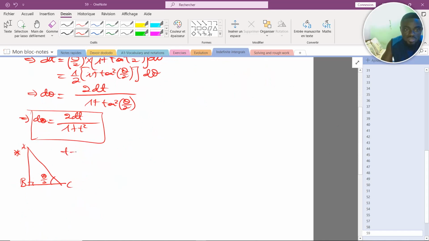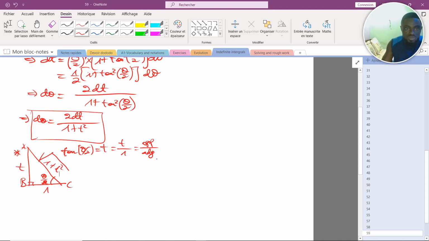Don't forget that our tan theta on 2 is equal to t, which is t on 1, which is opposite over adjacent. Very good. Now, if this is our angle theta on 2, the side opposite to this angle is t, and here will naturally be 1. So this is the hypotenuse, square root of 1 plus t squared, according to Pythagoras theorem.